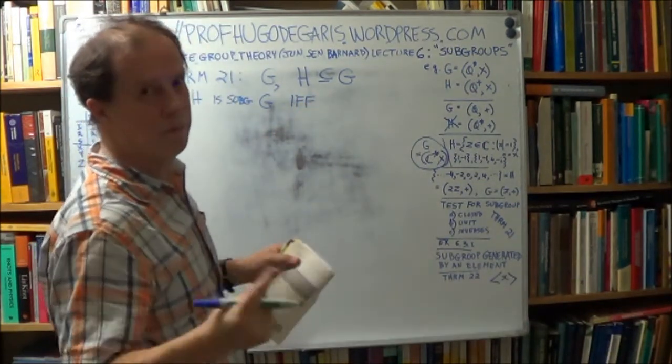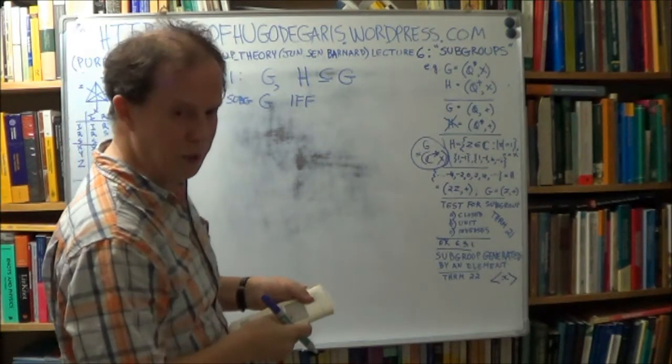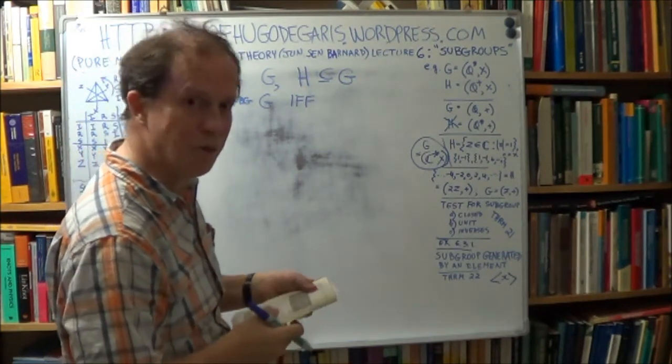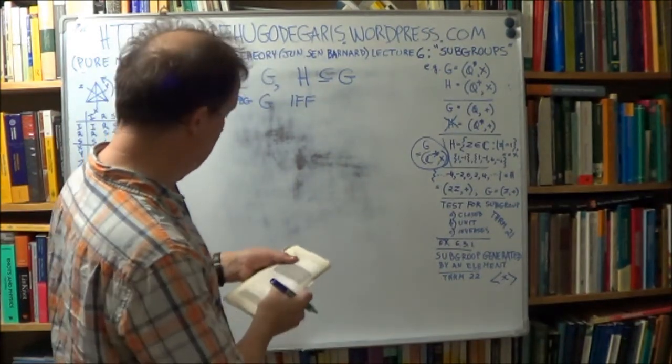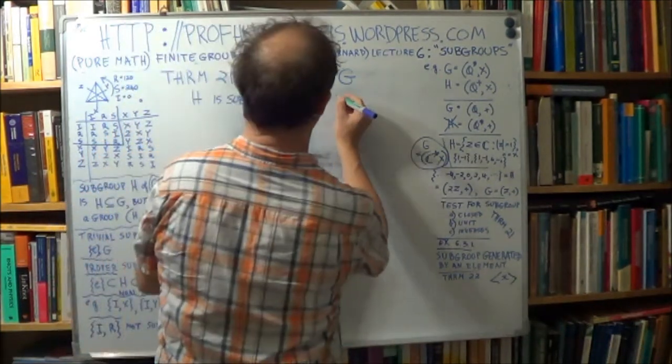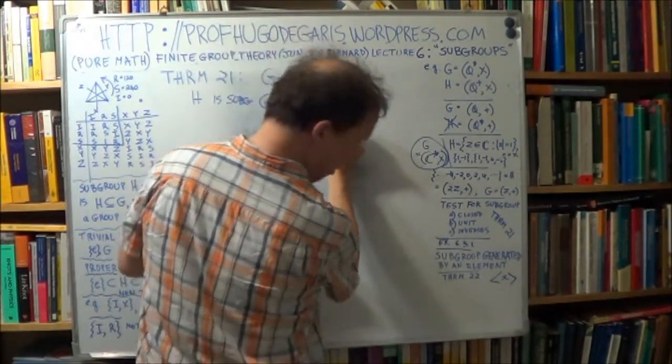So it's a two-barreled proof, in two directions. We've done this many times already, so you should be quite familiar with the notion of if and only if, and then three conditions. In fact, they're these.